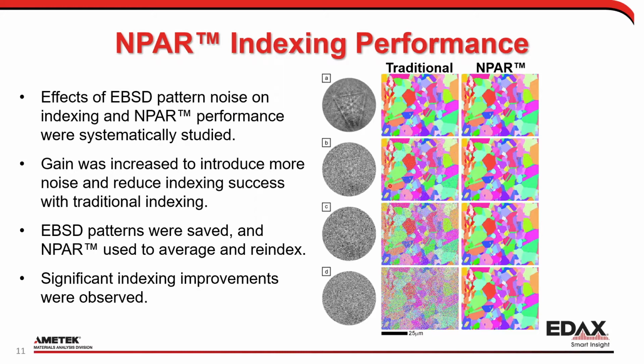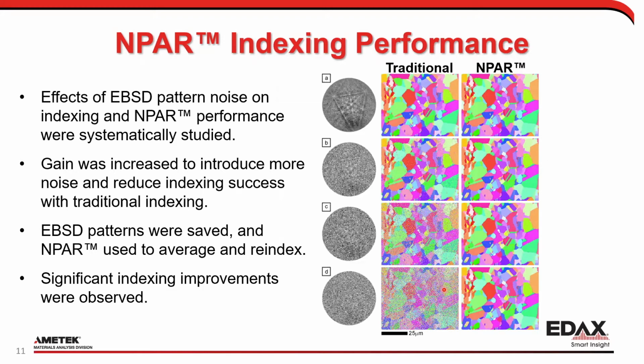Could something like grain dilation or CI standardization fix something like this? Yeah, it could, but we would also be losing some finer scale deformation features and things like that. And this is one of the main differences between NPAR and the cleanup routines.